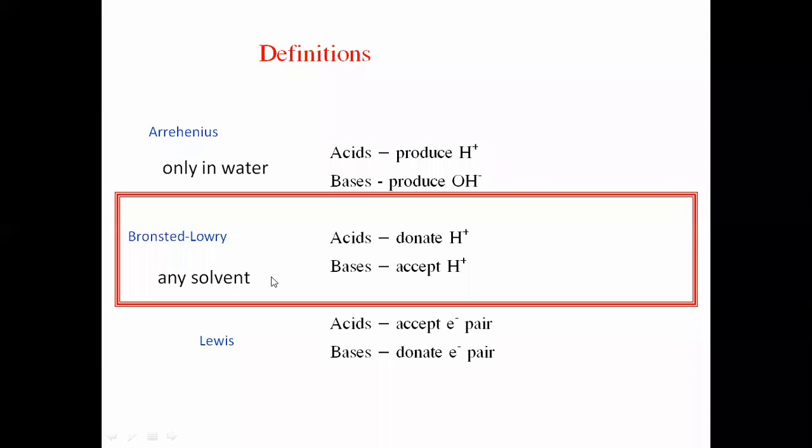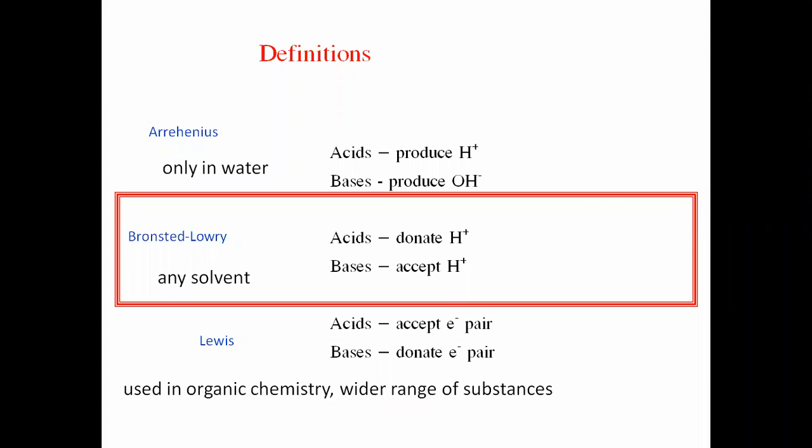and bases. Now, the Lowry-Bronsted theory works in the presence of any solvent. There is no limitation that water or an aqueous solvent must be present. So according to Lowry-Bronsted, what are acids?